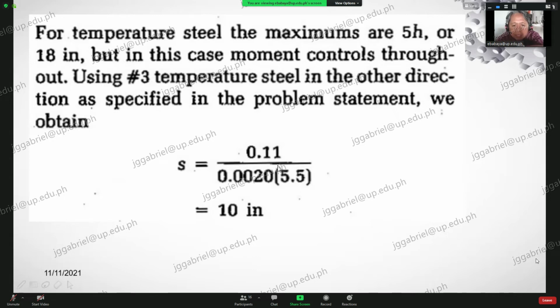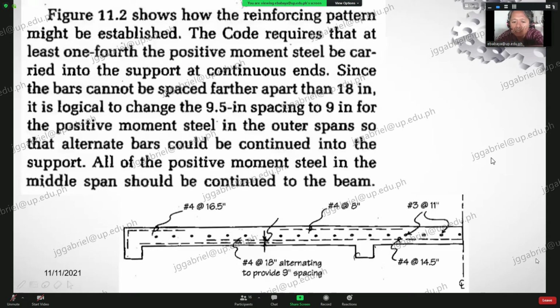And then this is H, no? H ang ginagamit dito, no? It's not D as compared to the moment reinforcement. So 0.11, that's the small letter A, S. That's the cross-sectional area of number 3 bar. So you get 10 inches. Ito yung spacing due to temperature and reinforcement. Okay, so as finally, ito na yung ano natin.